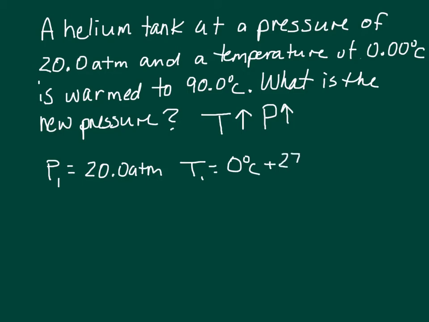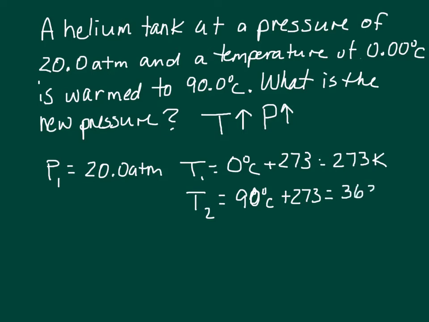So we add 273, and that's really 273 Kelvin. Is warmed to 90 degrees Celsius. So our second temperature is 90 degrees Celsius. Again, add 273, so it's in the same units. And that is 363 Kelvin. What is the new pressure? So pressure 2 is what we're looking for.